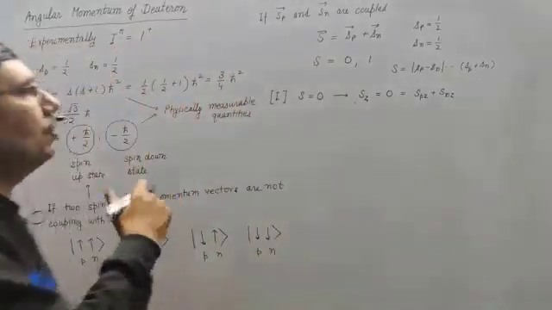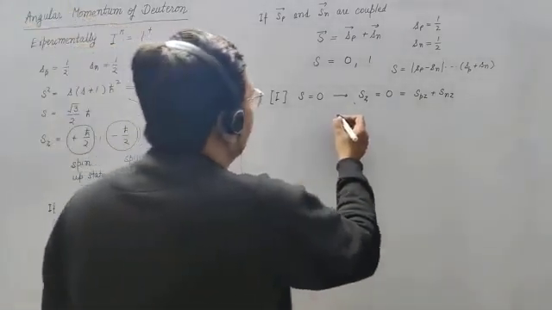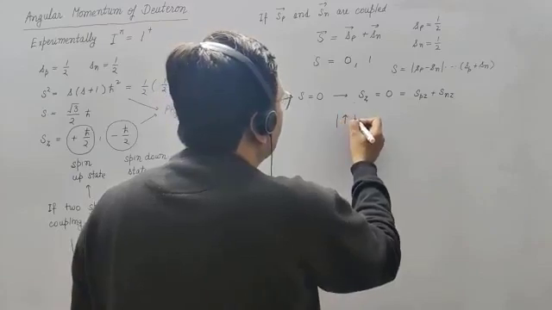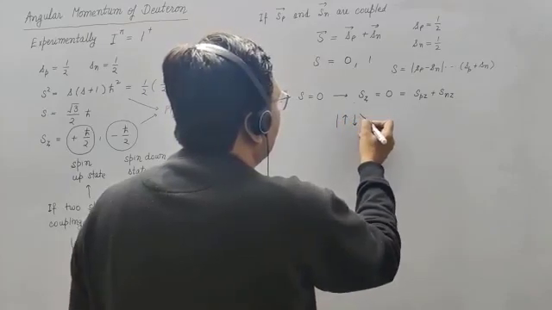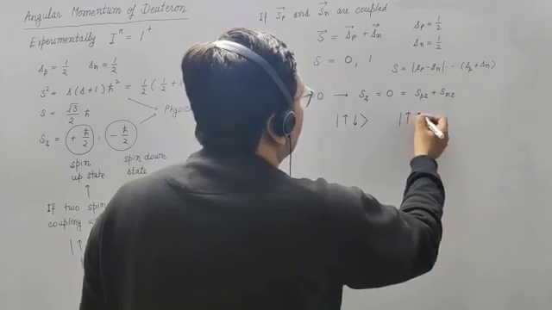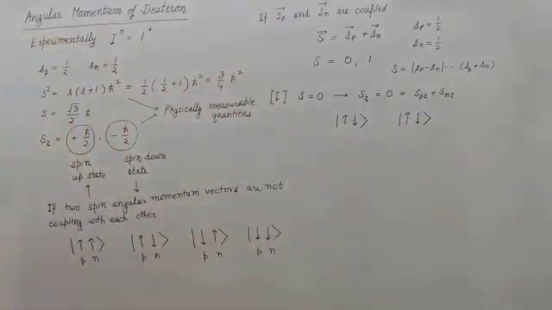And this is possible only when we have these two states. So this condition is satisfied in these two conditions. Either we have this state or we have this state. So when S is equal to 0, then Sz will be 0.